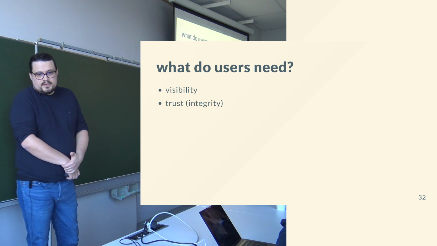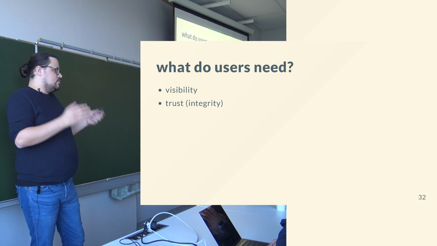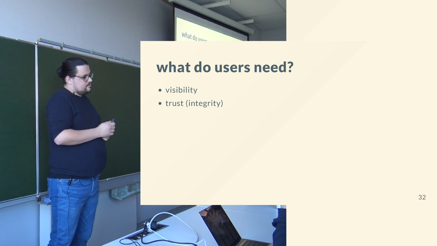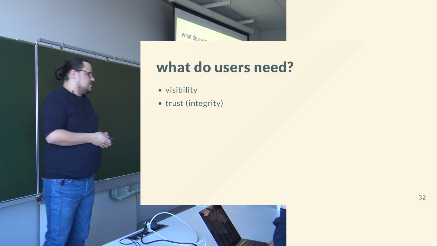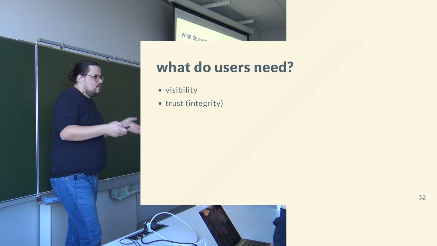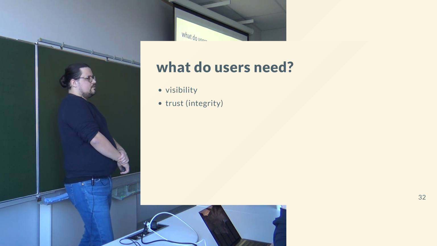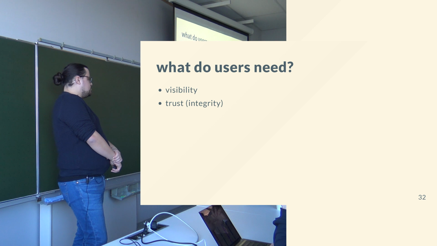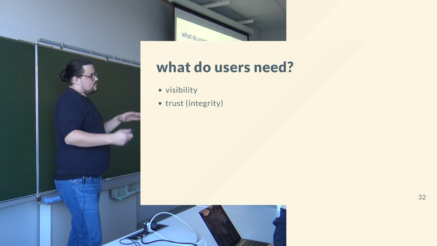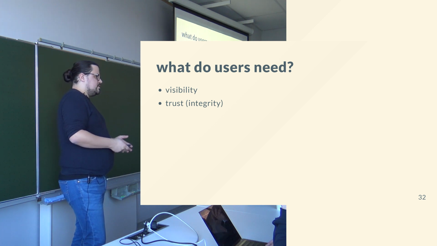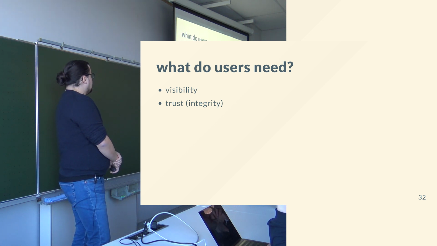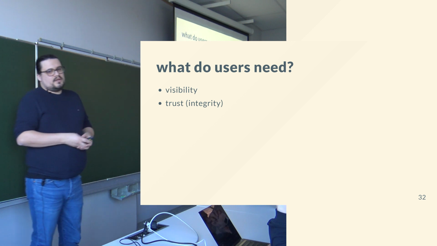The first thing they need, and that a lot of things showed us, like the Log4Shell case, is visibility. They need to know at least what is inside the software they run, what are the components, which versions, so that they can monitor known vulnerabilities and know if they are affected and act effectively. So that's the first need that they have.